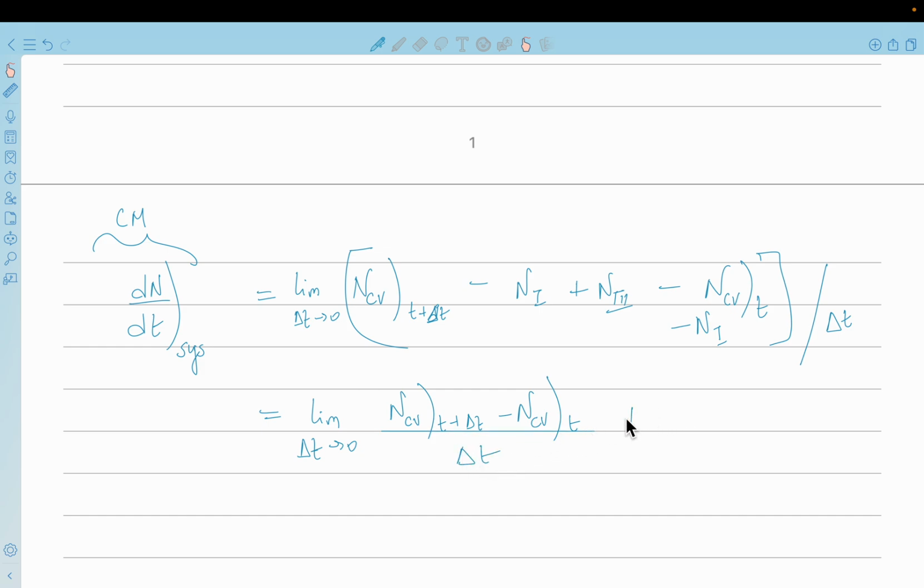Okay, plus you have N3 by delta t and minus N1 by delta t, and these are also in the limit that delta t tends to 0. Any questions till here?